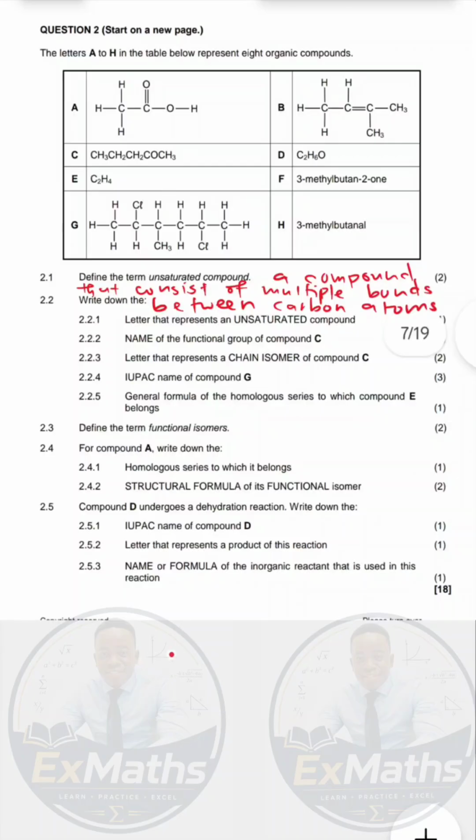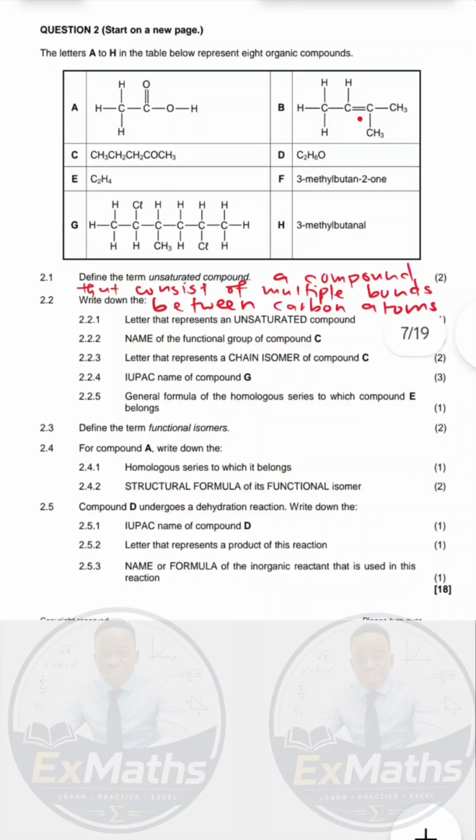So here's the example. Multiple bonds that we are referring to, it can be double bonds for alkenes. It can be triple bonds for alkynes. They should be between carbon atoms. 2.2, write down 2.2.1, the letter that represents unsaturated compounds. So unsaturated compounds are either alkenes or alkynes.